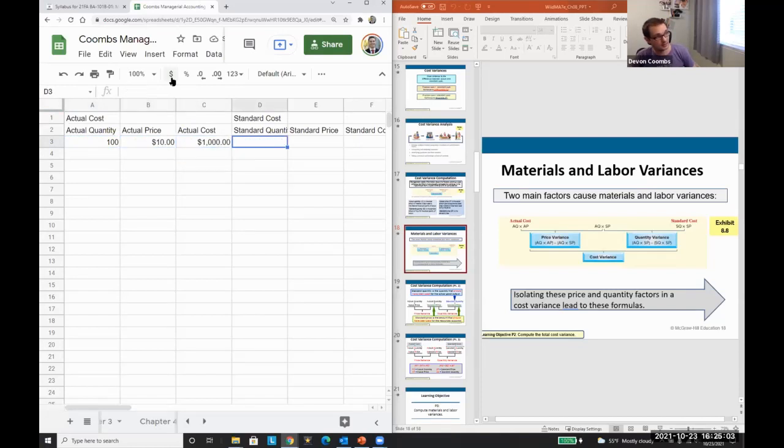Our standard quantity is 90 and our standard price is 110. Our standard cost would have been 9,900. And then our variance would be here.